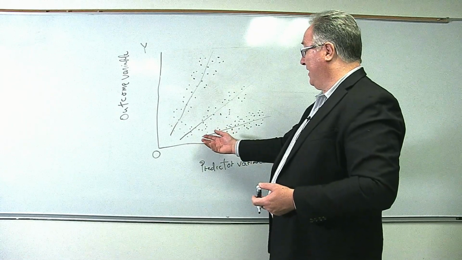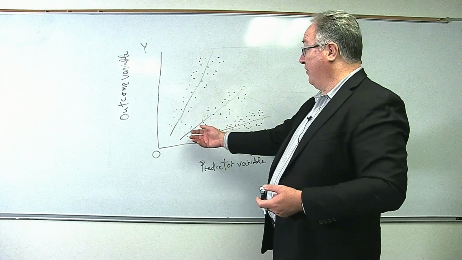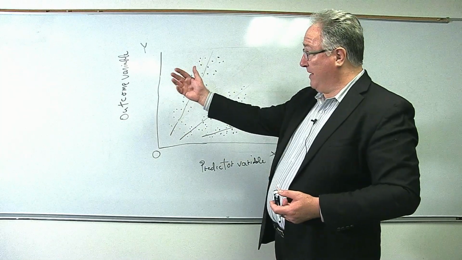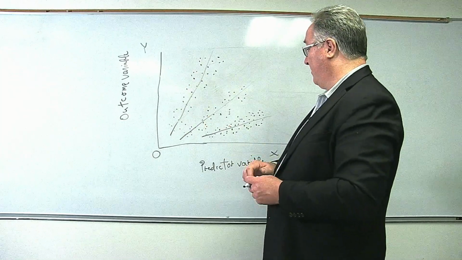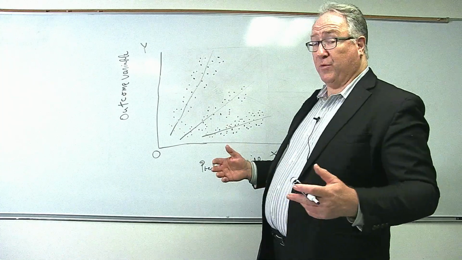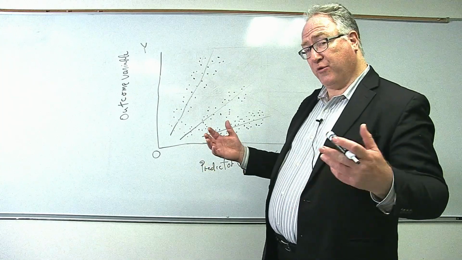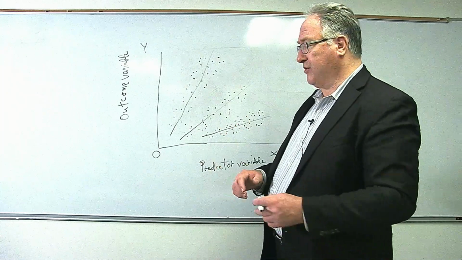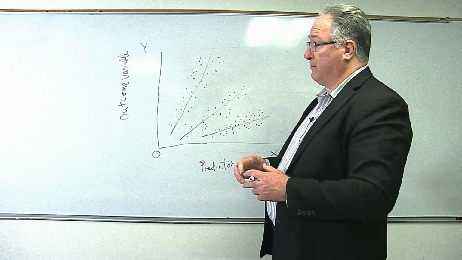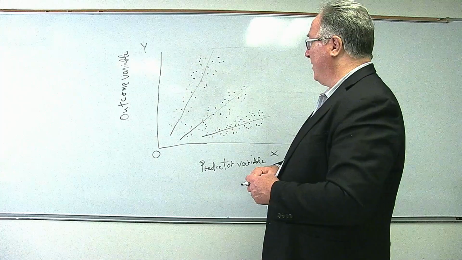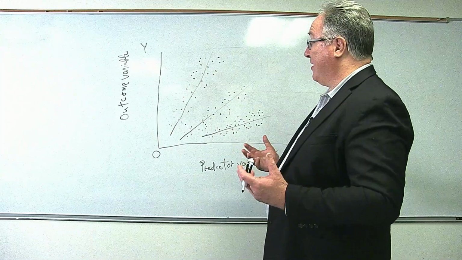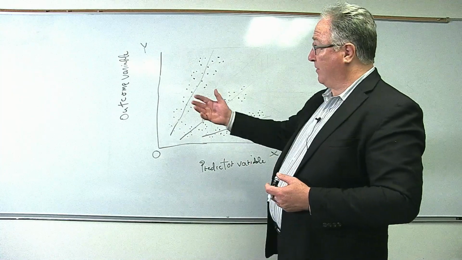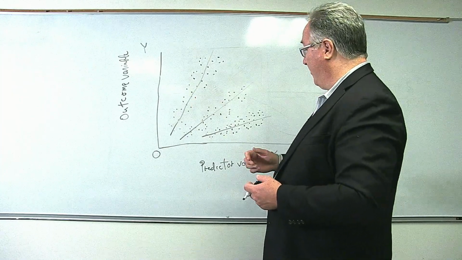We want to see these straight line functions describing best the relationship between the outcome variable and each of the predictor variables, as opposed to what I showed you earlier, having some sort of curvilinear relationship, like a quadratic relationship, and other types of curvilinear relationships. You can read about those.